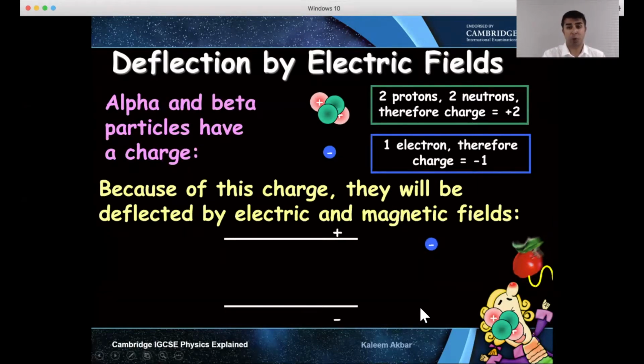Likewise, if I brought the Geiger-Müller tube down towards the negative and I picked up a reading, then surely it is alpha because alpha will be attracted towards the negative. And if I left it in the middle, then the radiation you would be picking up is gamma because gamma has no charge and it would not deflect.